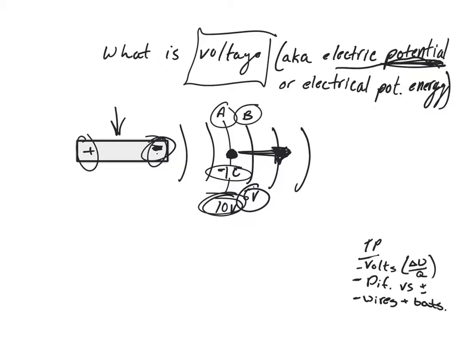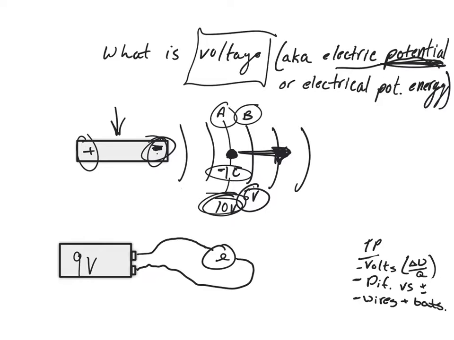So when I say the difference in electrical potential, or voltage, I'm talking about the difference, and you need to think about it as a very long number line and how far it would take to go from one point to another. So to go from 10 volts to negative 2, it would take a difference of 12 volts of electrical potential.